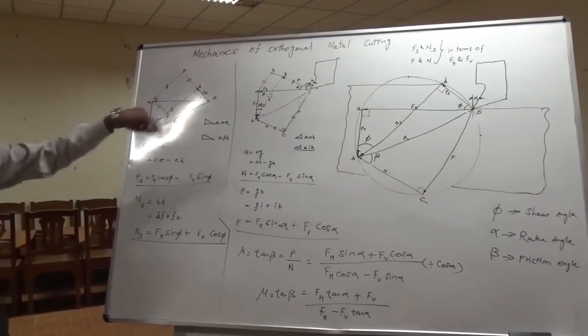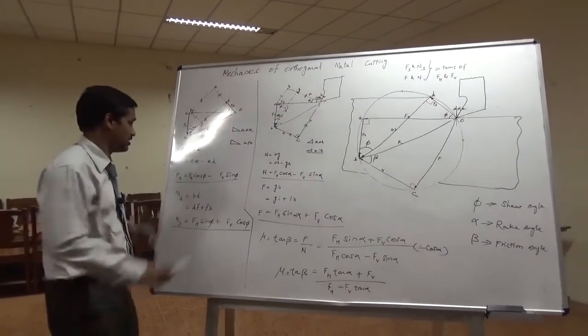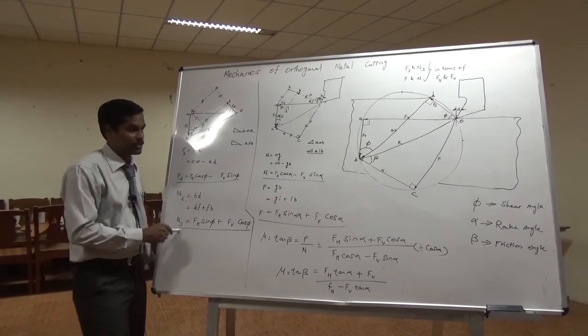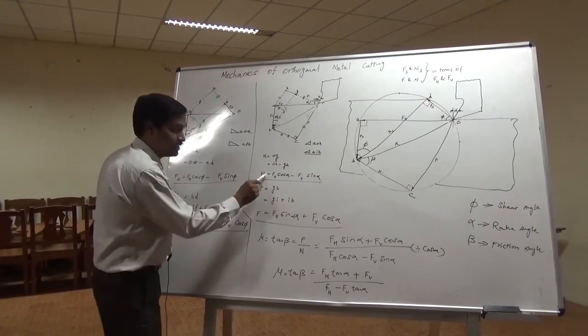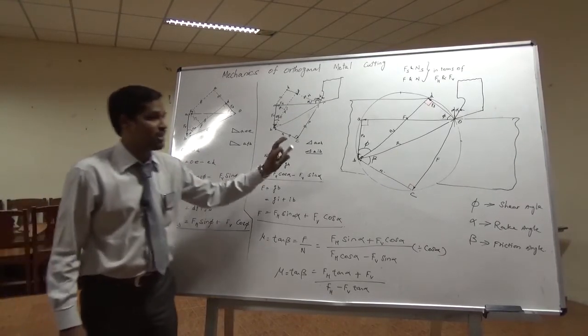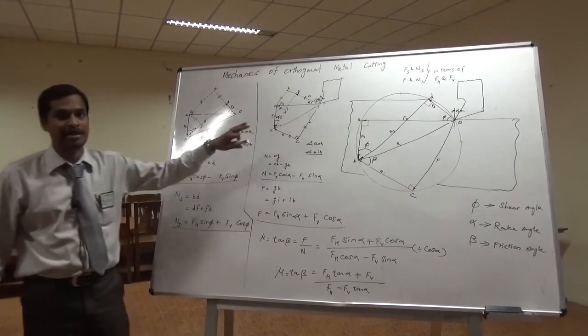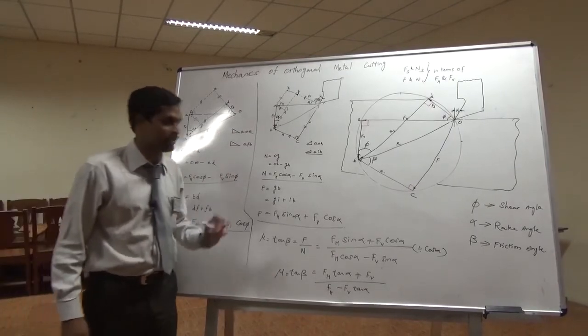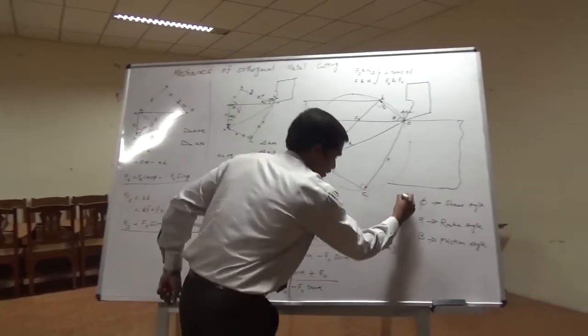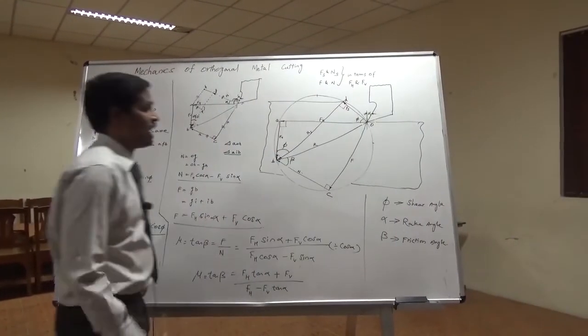The idea of this cutting force circle is finding Fs, Ns, F and N in terms of Fh and Fv, and this Fh, Fv can be calculated using dynamometer, and once again we have some relationship between phi and alpha.